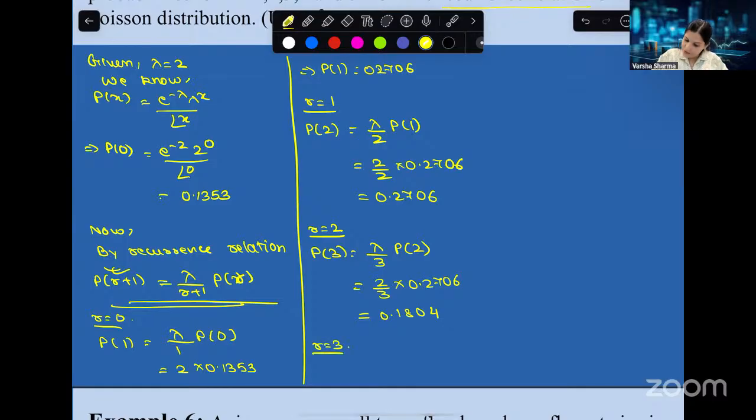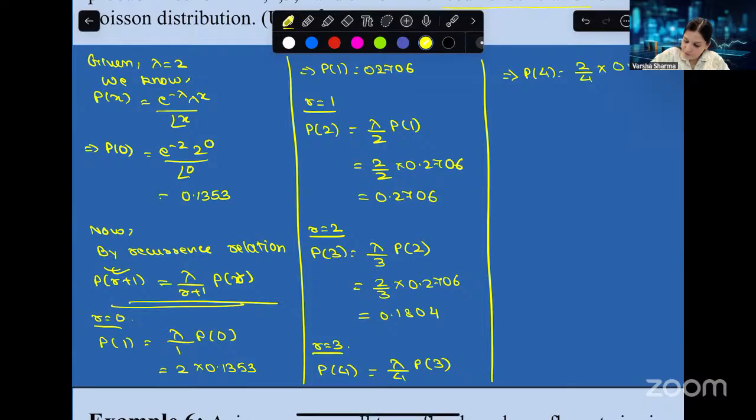Putting r equal to 3, P of 4 equals lambda by 4 into P of 3. Lambda is 2, P of 3 is 0.1804. Answer 0.0902.